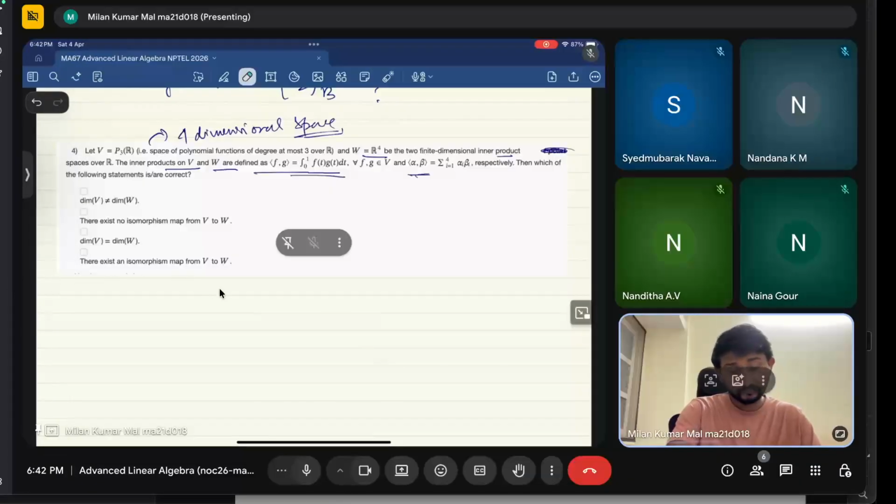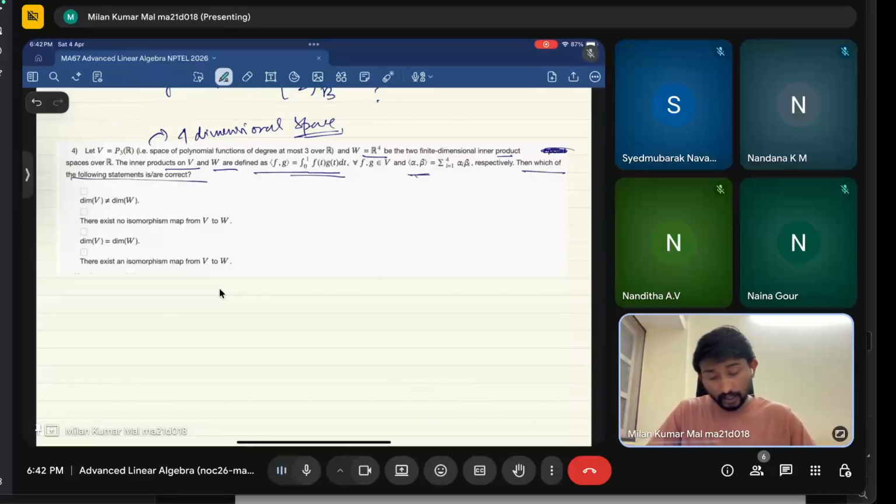Then which of the following statements is or are incorrect? Dimension of V is not equal to dimension of W. First of all, note that dimension of V is actually equal to 4, the space of polynomial functions of degree at most 3.